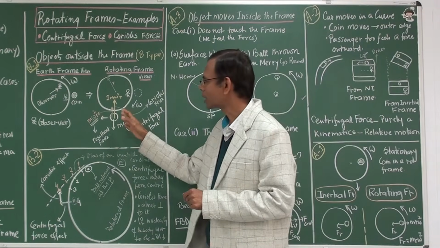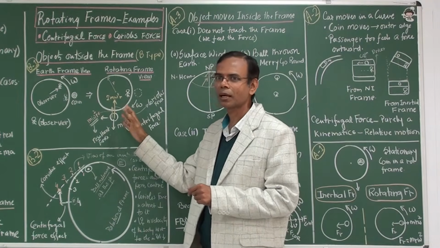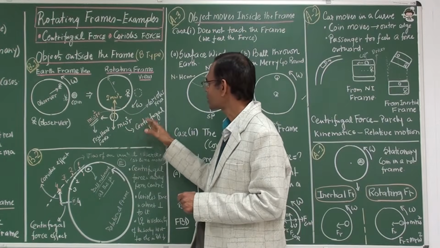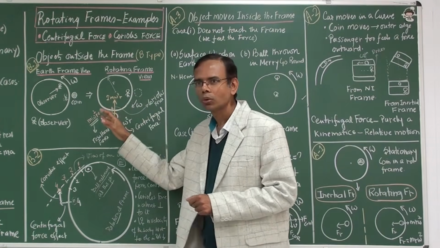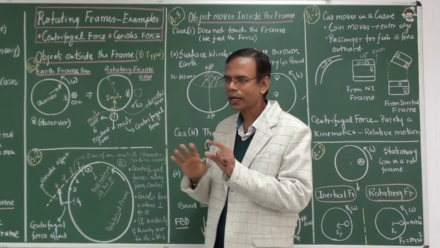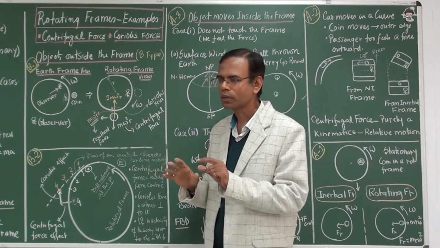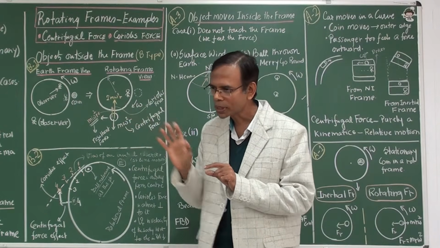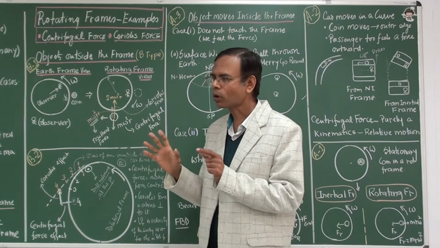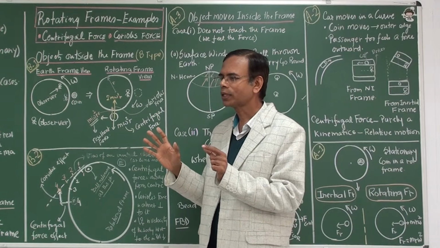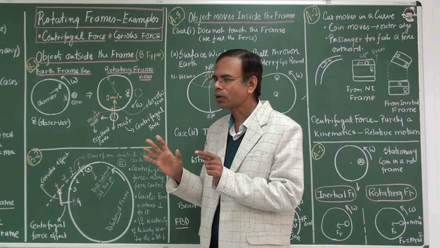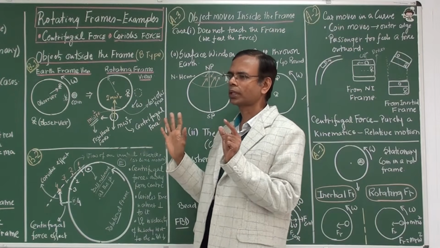So here again it is one of the purest examples where we can see the centrifugal force and the Coriolis force. It is just a kind of relative motion, because the object that we are observing has inertia of rest. So it is not doing anything.